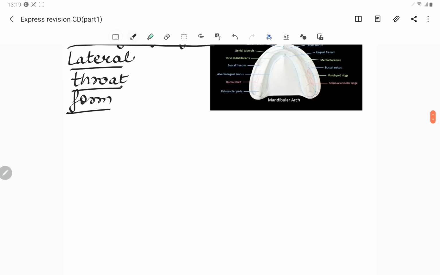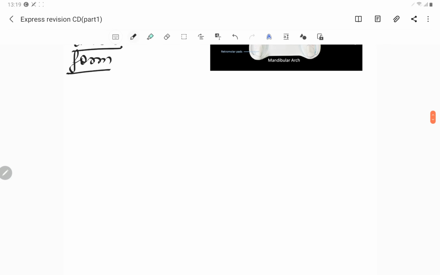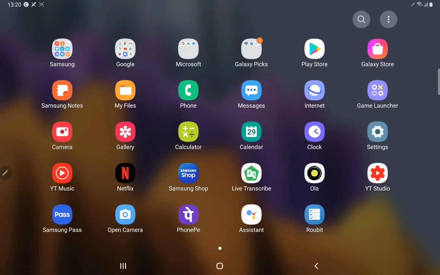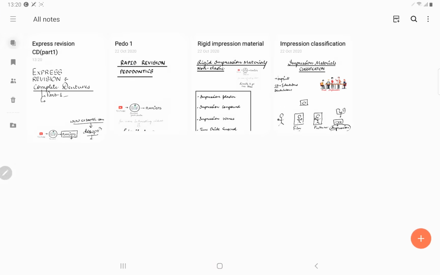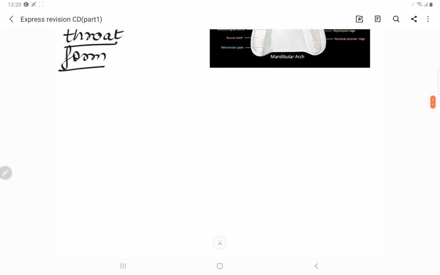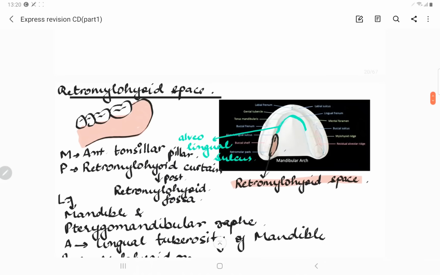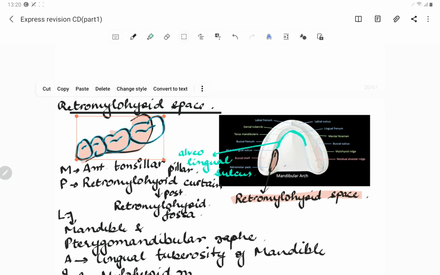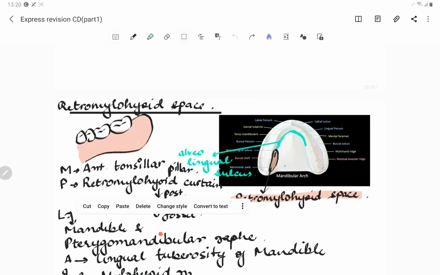So this particular part is going to be the lateral throat form.